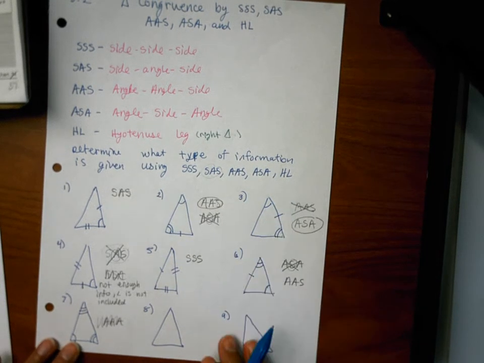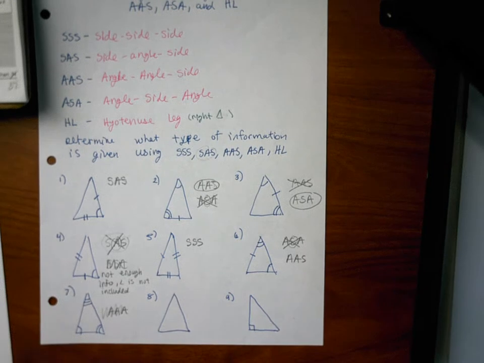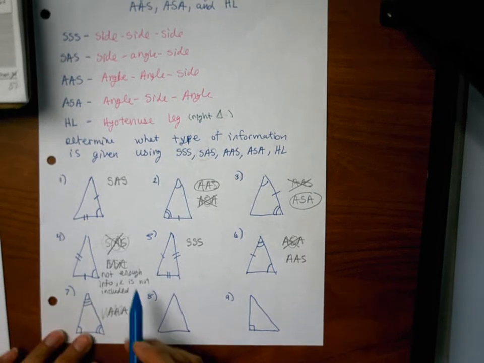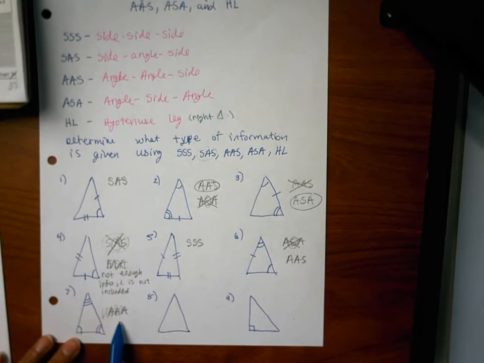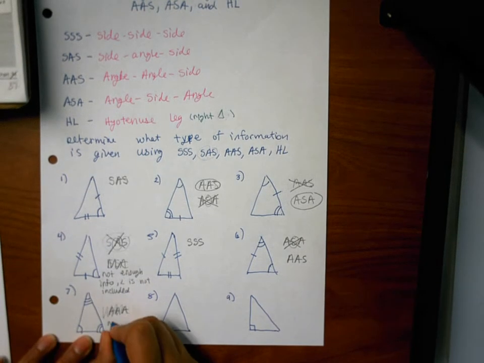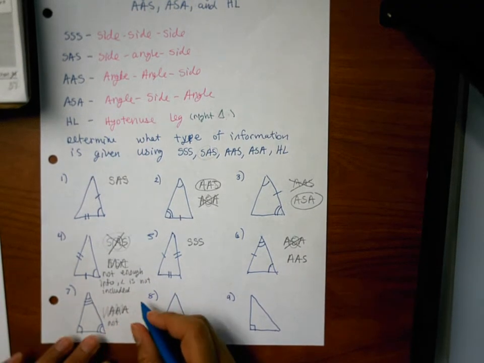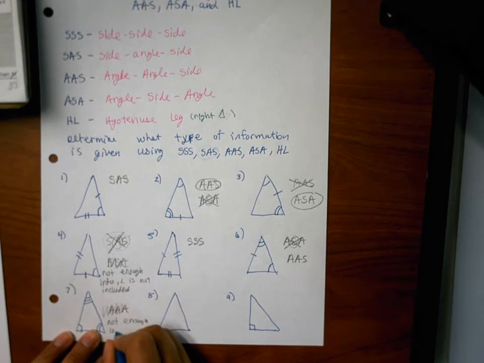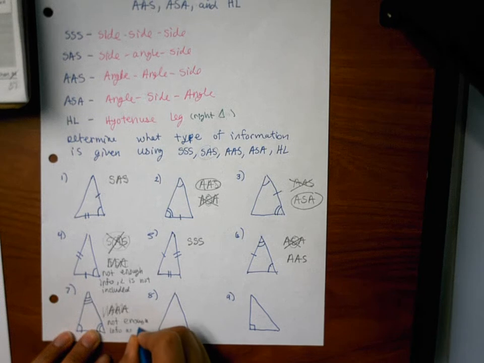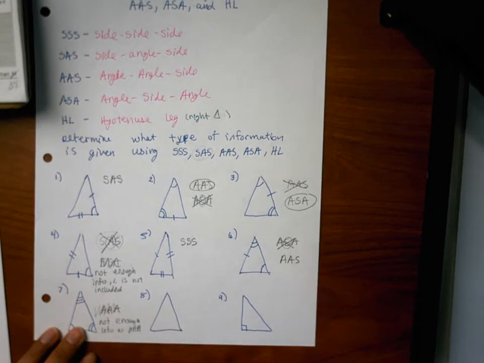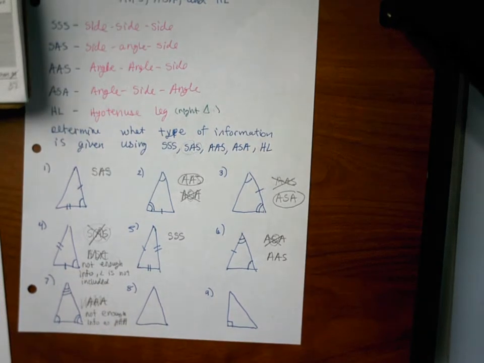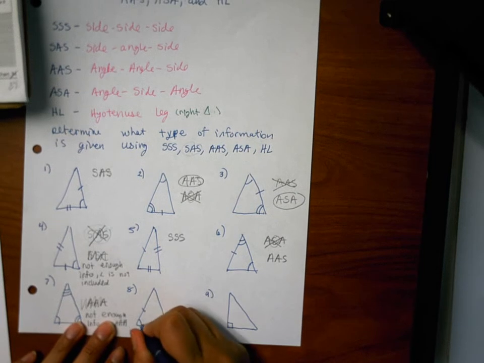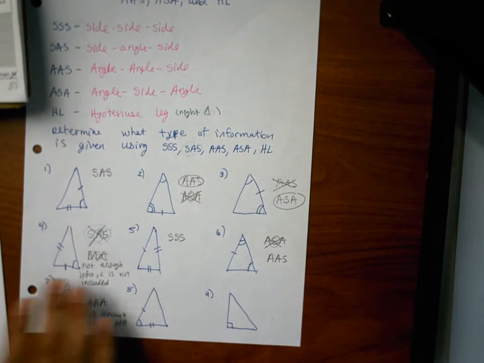Got it? AAA is not a possibility. Okay. I'm going to come back to this one here. Actually, I'll explain it later. AAA is not a possibility, so what we say, not enough info. There's no AAA. All right, number 8, marking, angle, side marking.